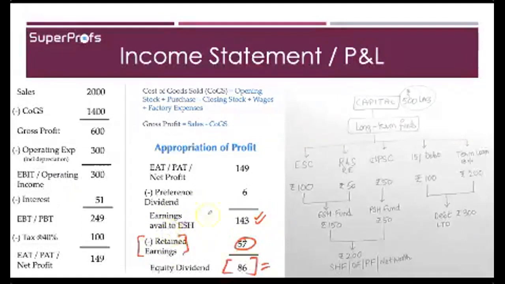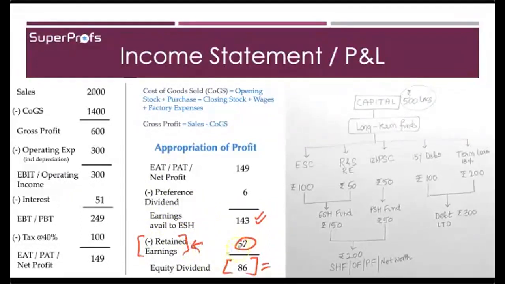Now you might think, does that mean that to the equity shareholder this retained earnings is a loss? Well, no, that is not the case, because this 57 lakh rupees is of the equity shareholder only. They are just deciding to put this into the business for the time being.